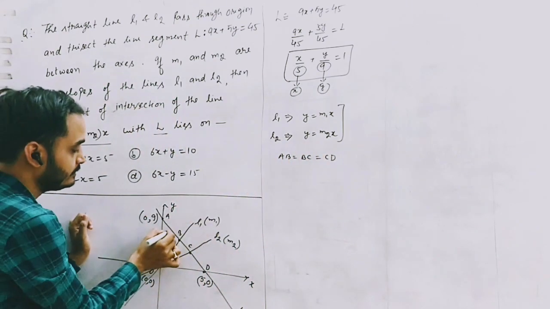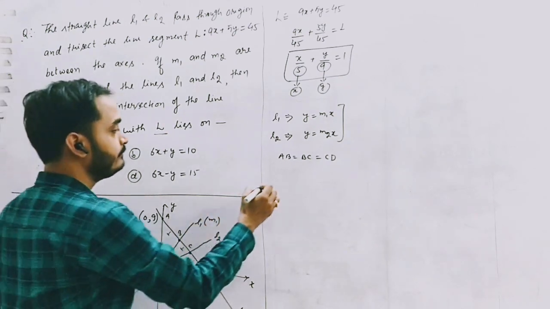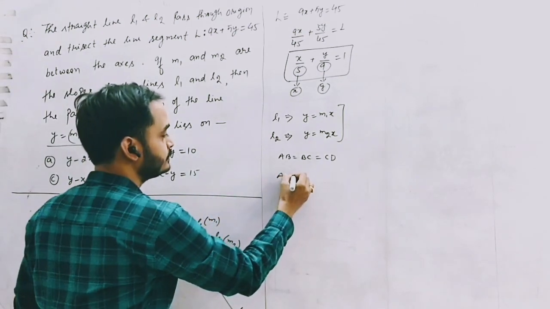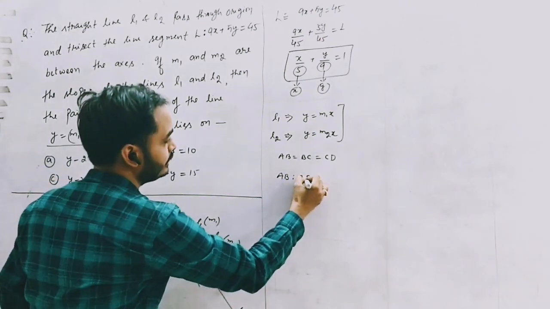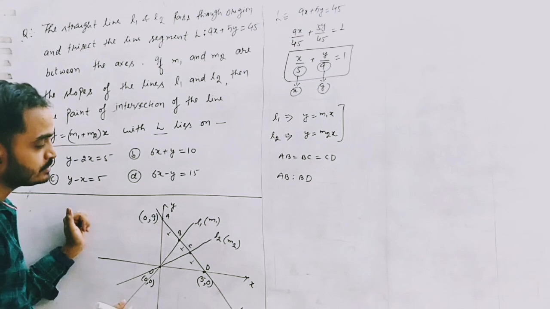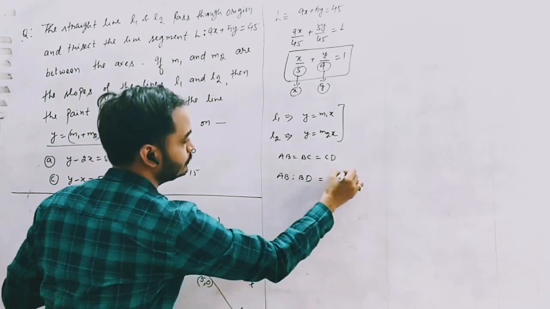So if AB is 1 unit, then BC will be 1 unit and CD will be 1 unit. Then we can find the ratio of AB to BD, which will be 1:2.